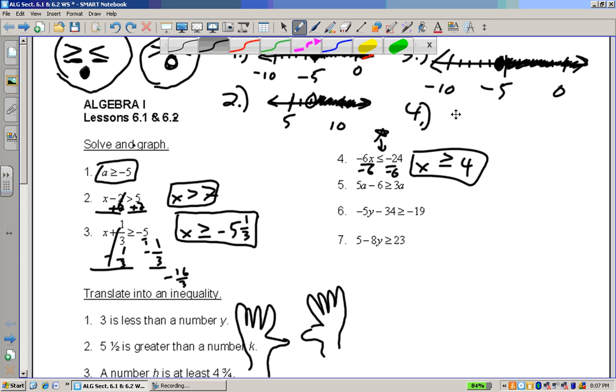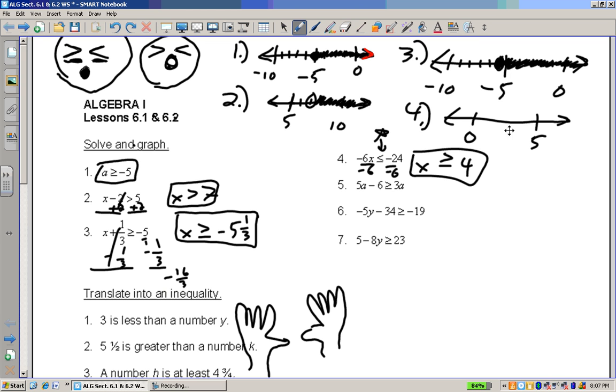Alrighty, so positive 4, the nearest multiples of 5 are 0 and 5, just on either side. Again, you don't have to do that, but it's just a very convenient method for graphing. Alright, so x is greater than or equal to 4, so we're going to place our point on 4. And you notice this is the old man, he's got the wrinkle.